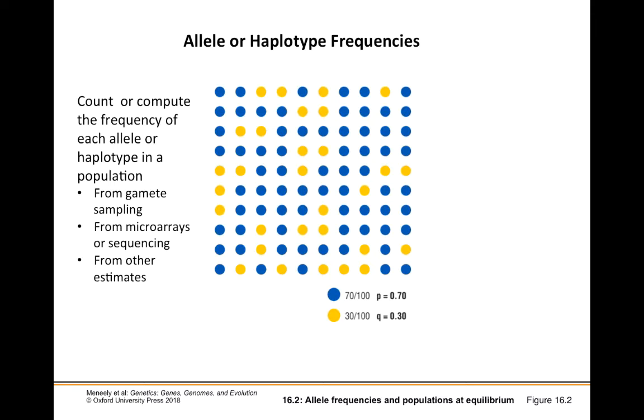And we can estimate these by basically sampling populations and doing sequencing on them, looking at complementary DNA on microarrays and things like this. But essentially, this allele frequency becomes one of the fundamental units, and we're going to be talking a lot about that in this chapter.